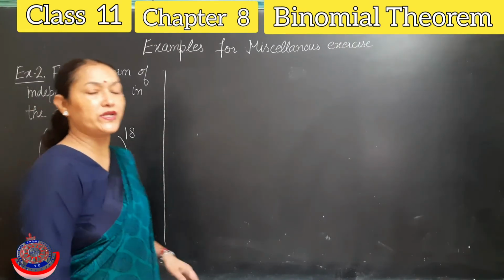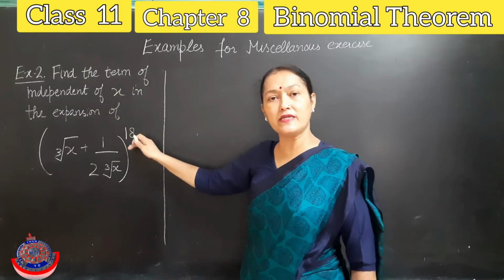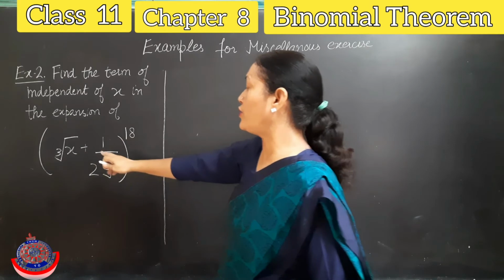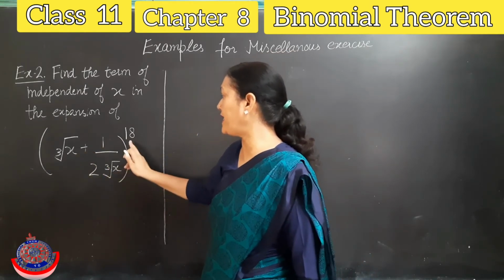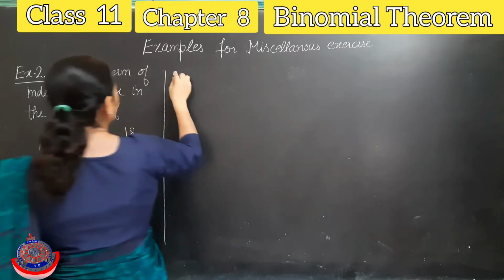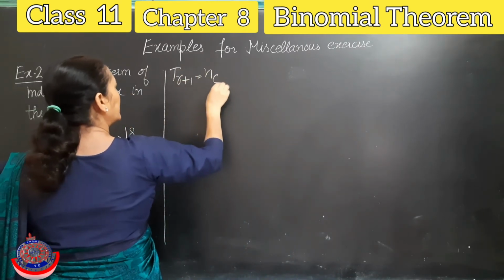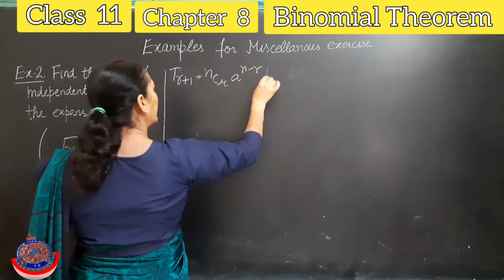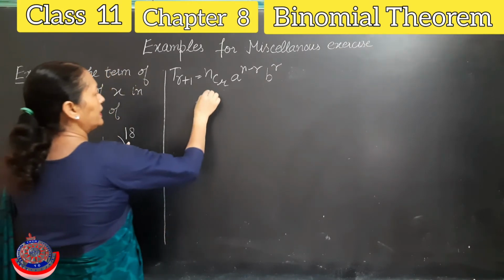Let us do one more example of the same type. Here also they are saying find the term independent of x. The expansion is given to us. a is cube root of x and b is 1 over 2 cube root of x, and n is 18. So if we write the general term, nCr, a power n minus r and b power r. n is 18.